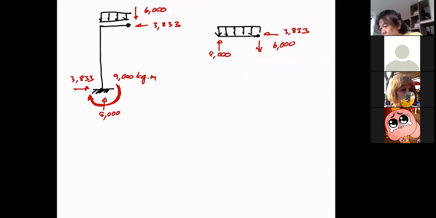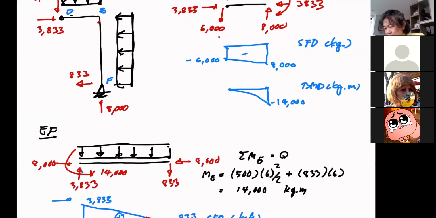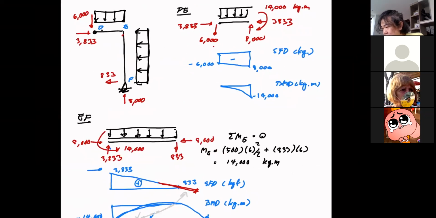So that's your shear force diagram, and the bending moment, because this one is a similar piece with the one that we just finished. So we should know that this moment is also the same, right? 1400 kilogram meter. If you wonder why, please come back and take a look at this. Maybe I should have a small calculation for you.